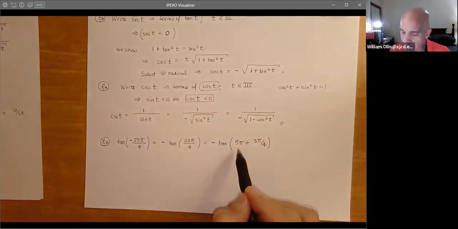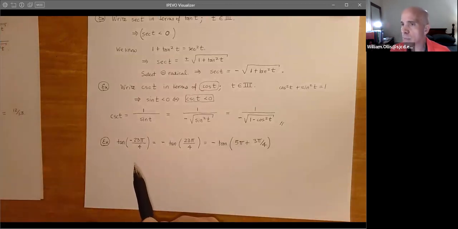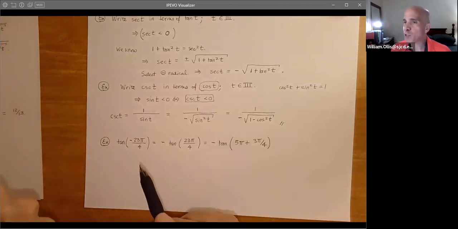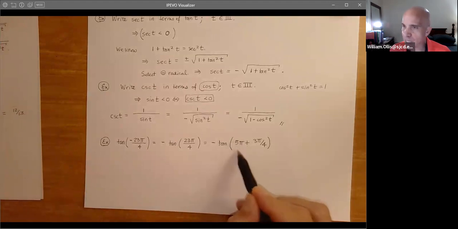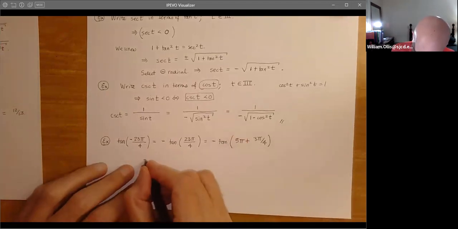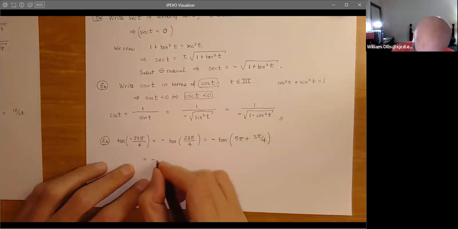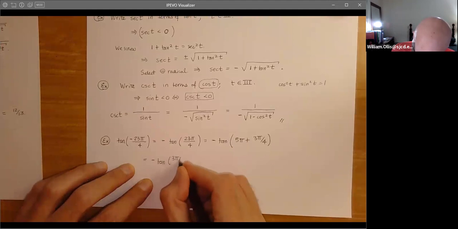And now, of course, tangent is pi periodic, so that 5 pi right there is basically a 0. So we've established that. Well, again, we'll say more about it, but now the fact that tangent is pi periodic, that just goes away. So now, using that identity, we have negative tangent of 3 pi over 4.